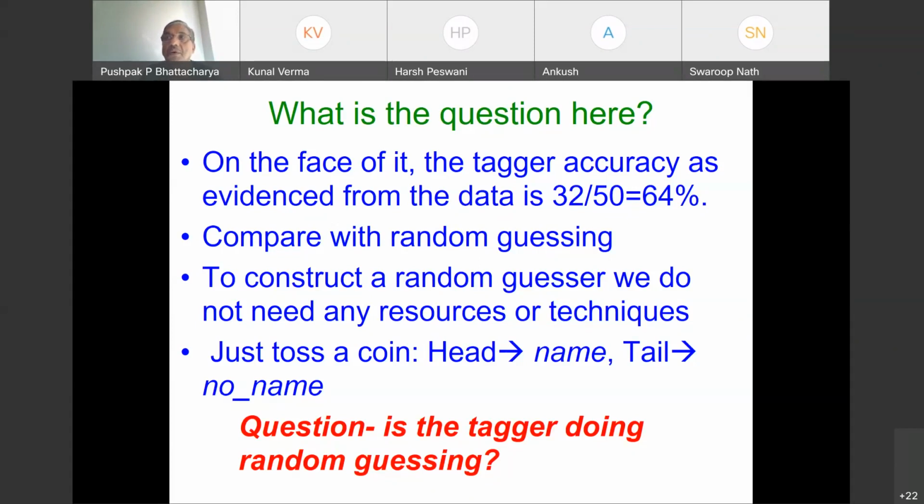So now my claim is that the accuracy of the system is 50% based on my observation. Okay, and I have another named entity identifier which has a different accuracy.